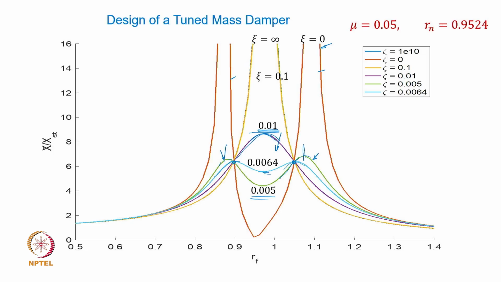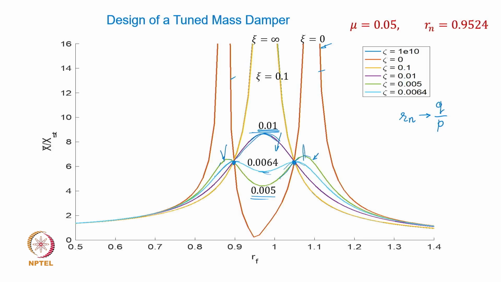Okay, so the way to bring the amplitudes at these points equal is by proper tuning of this Rn value, the ratio of the natural frequency of the absorber and the parent system natural frequency. You will soon understand how we can do that.